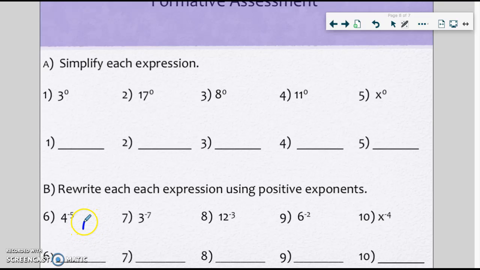So this would be 1 over 4 to the 5th. 3 to the negative 7th would be 1 over 3 to the 7th. 12 to the negative 3 would be 1 over 12 cubed. And 6 to the negative 2 would be 1 over 6 squared. And x to the negative 4 would be 1 over x to the 4th.